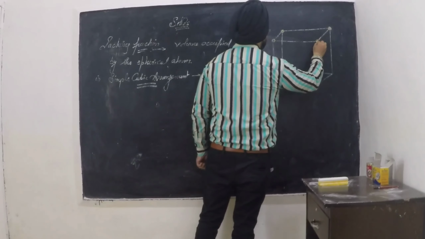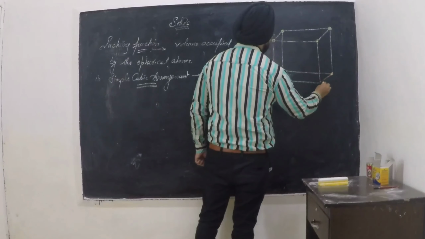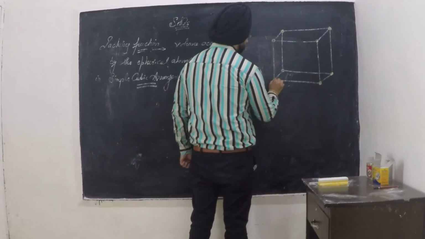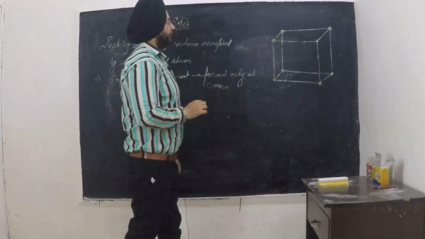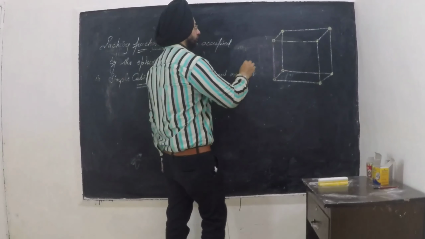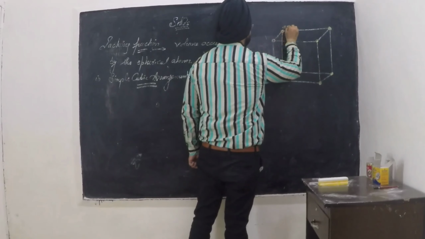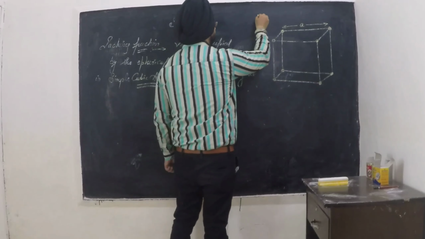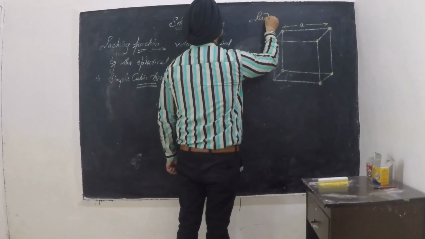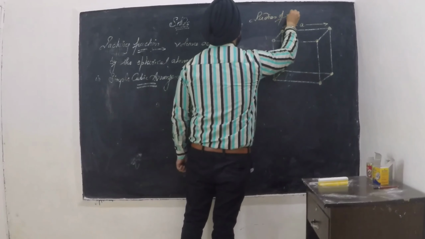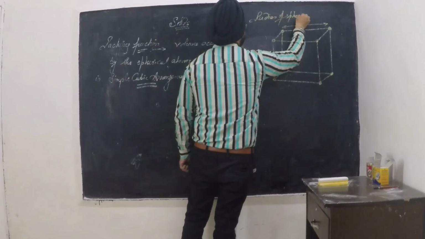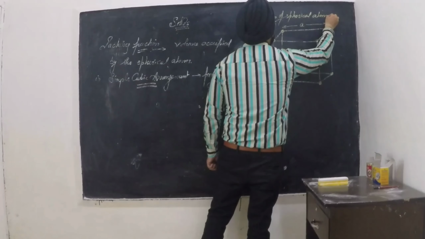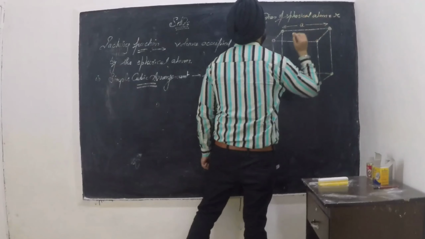As there are 8 corners, and we have already discussed in the last lecture how you will solve this corner configuration. So the edge length of the cube is considered to be small a, and the radius of the spherical atom is considered to be small r.